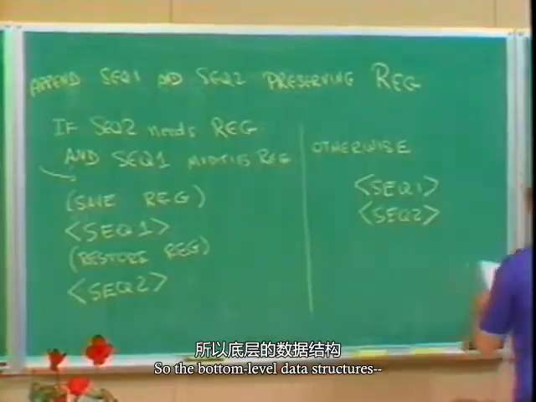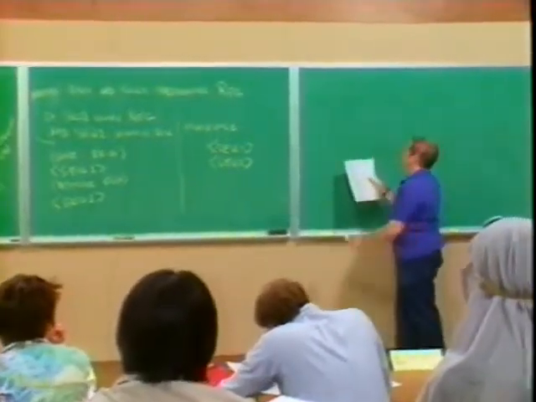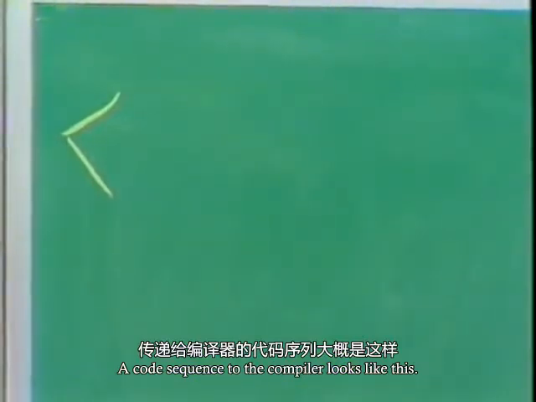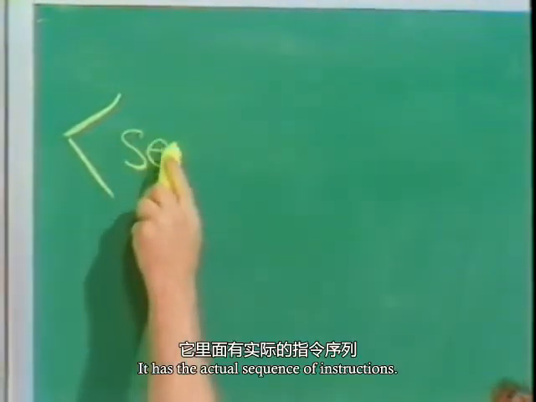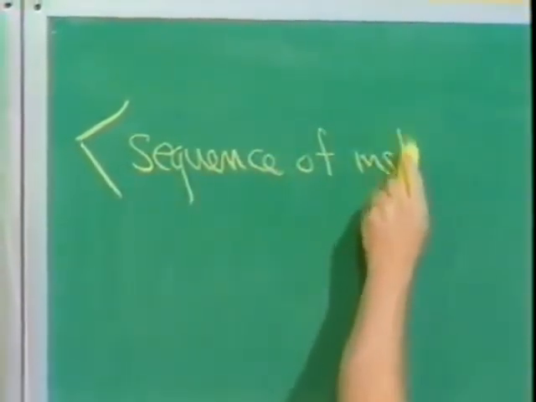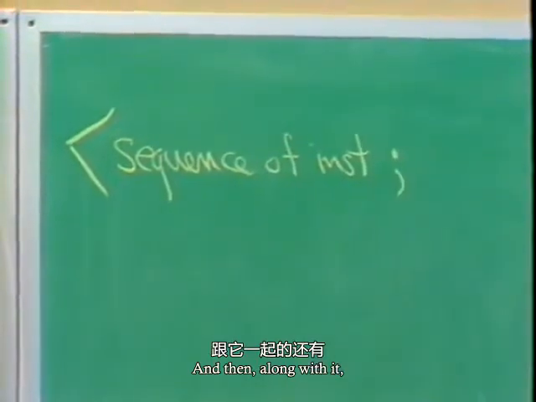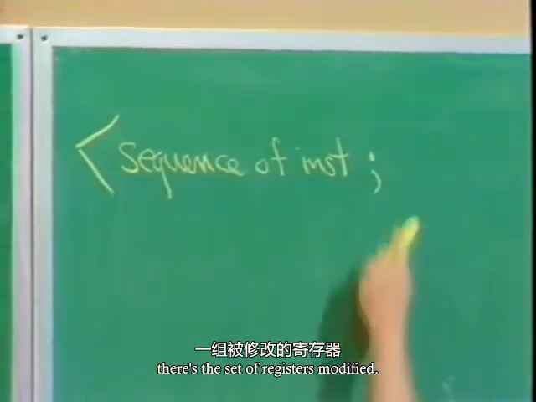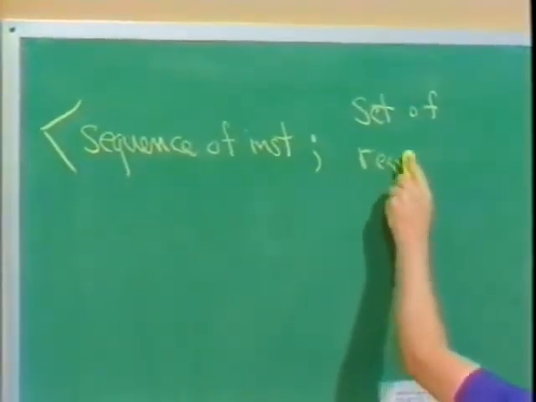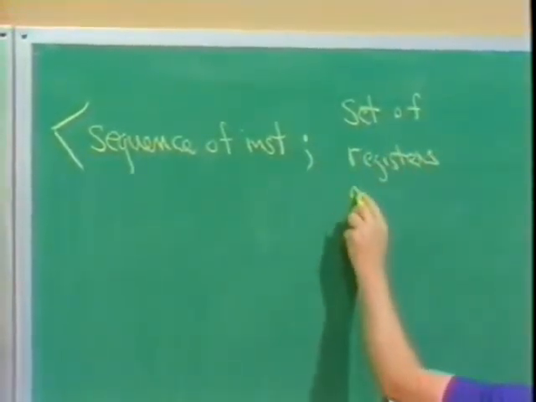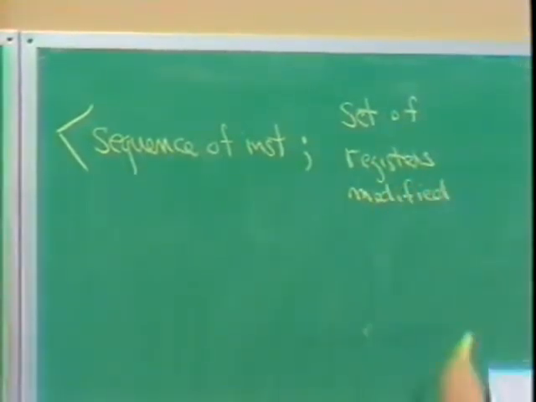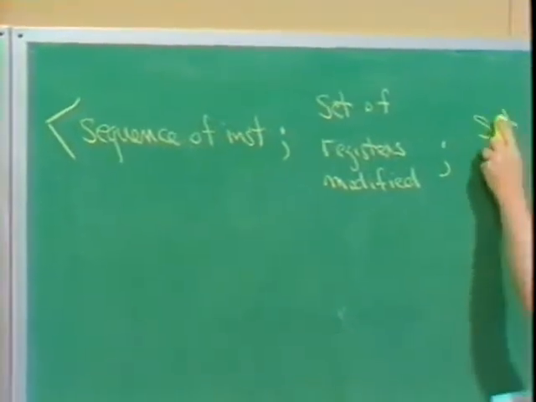So a code sequence to the compiler looks like this: it has the actual sequence of instructions, and along with it, the set of registers modified, and then the set of registers needed.